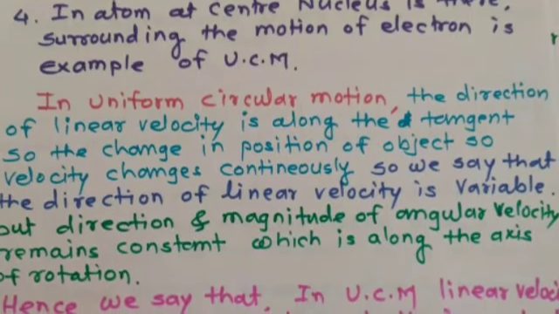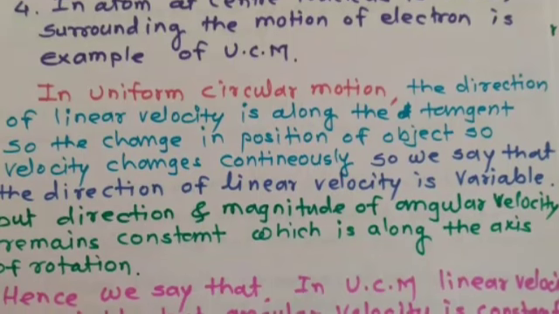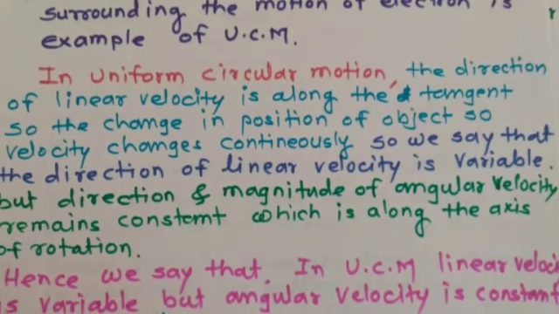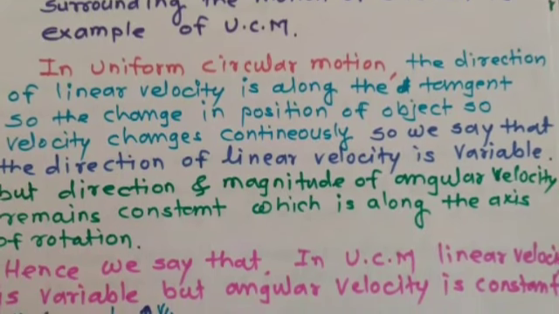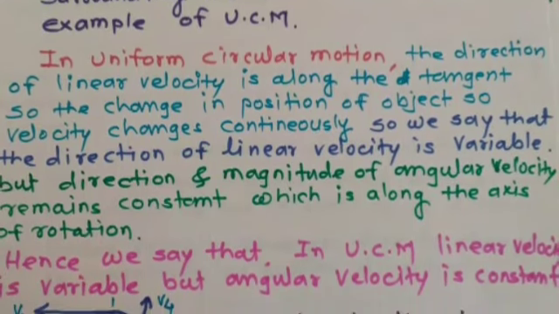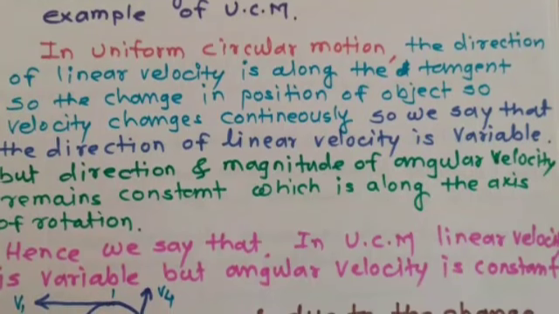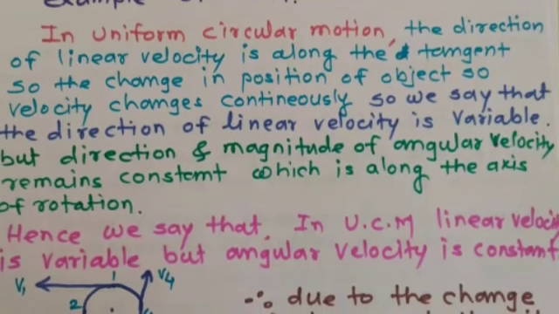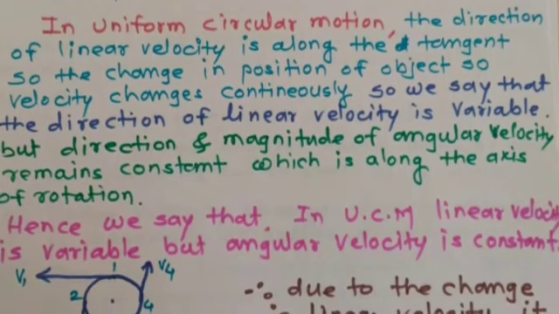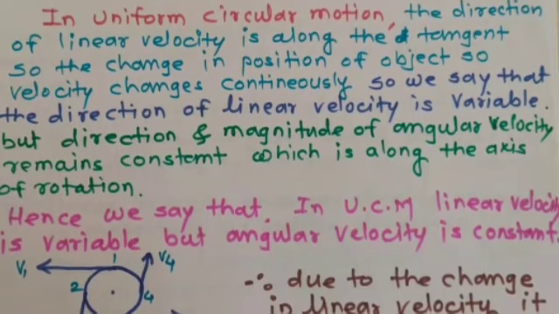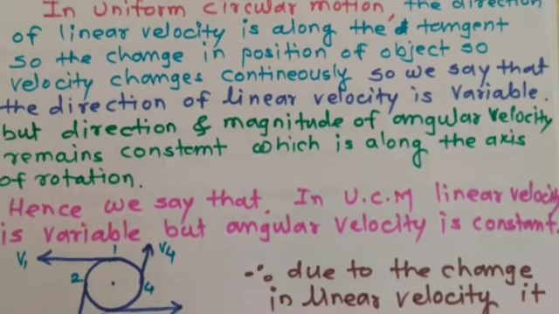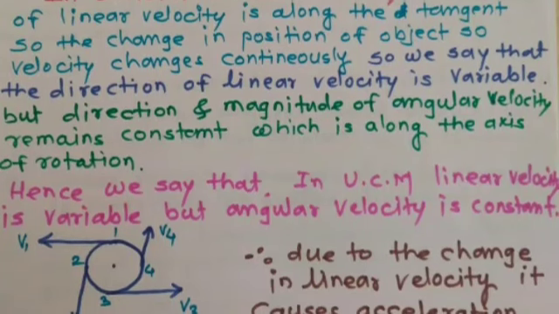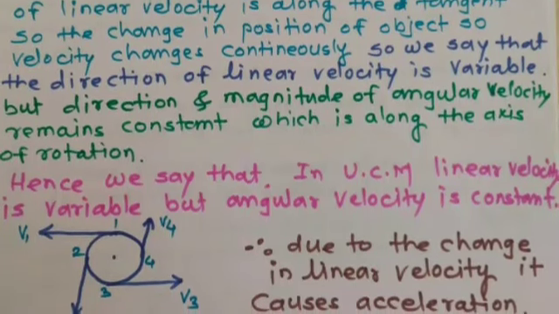In uniform circular motion, the direction of linear velocity is along the tangent. As the position of the object changes, the velocity changes continuously. So we say the direction of linear velocity is variable, but the direction and magnitude of angular velocity remain constant, which is along the axis of rotation.